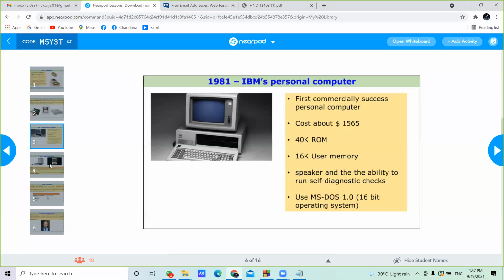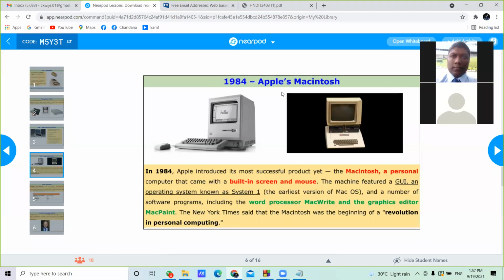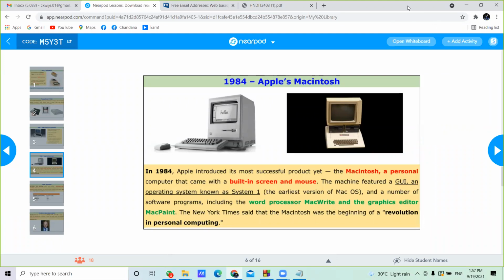Next, we'll move to another milestone. In 1984, Apple's Macintosh computers. Apple is another competitive company engaged in designing computers, but their technology is somewhat different.